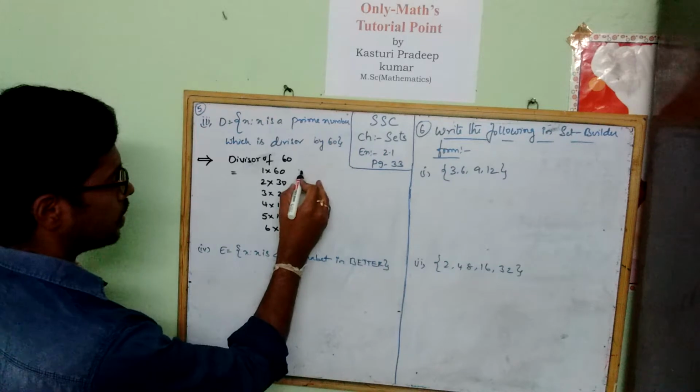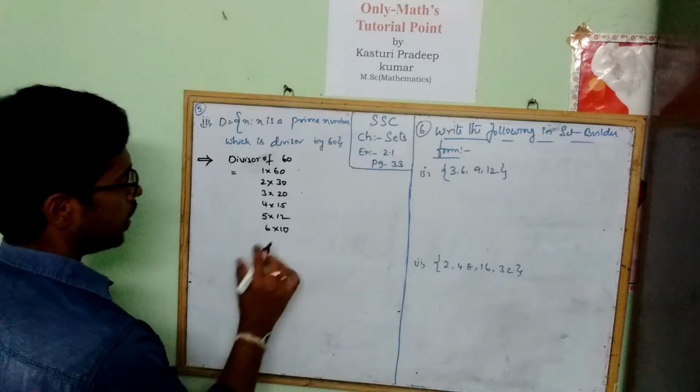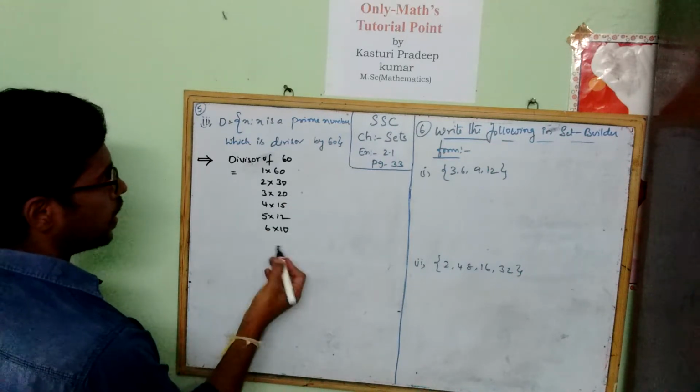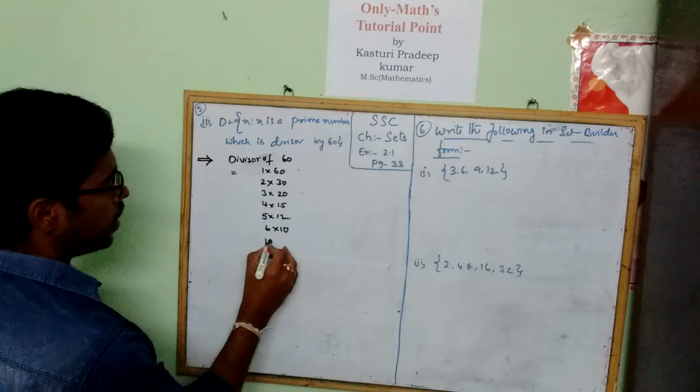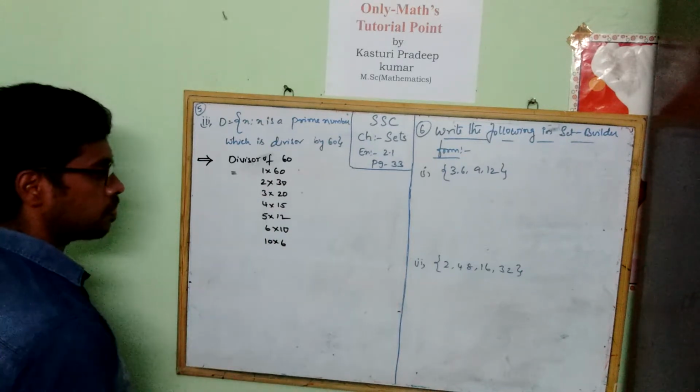Okay guys, now after 6 into 10, no 7, no 8, no 9, no 10, sorry, again 10 into 6, again this value will be repeated in reverse order.